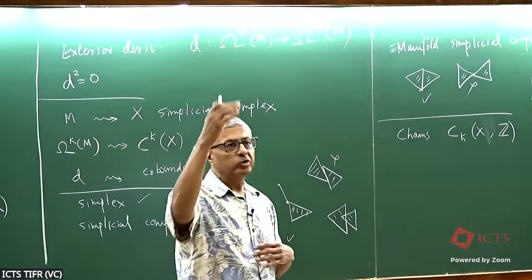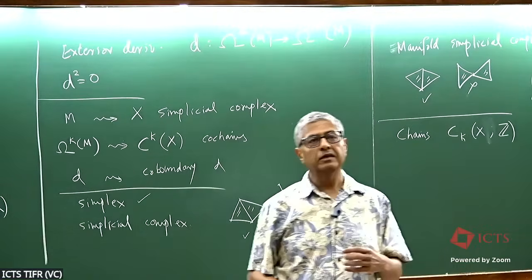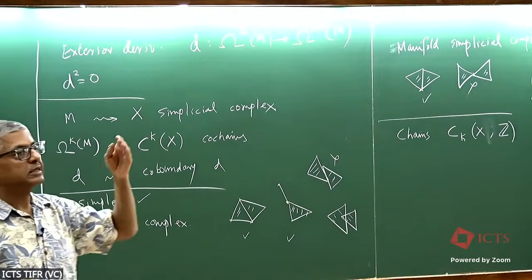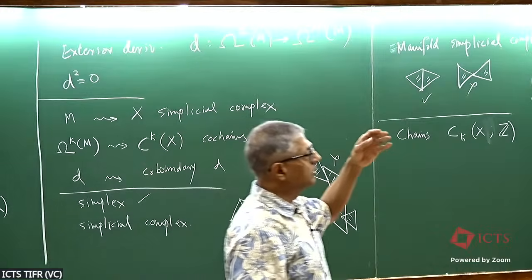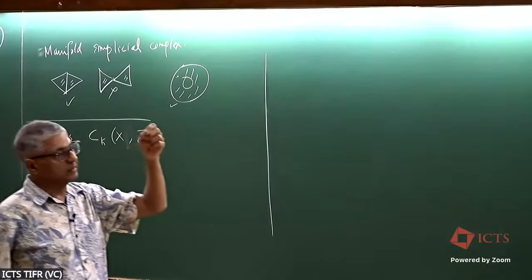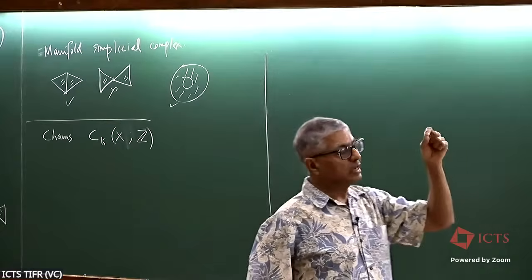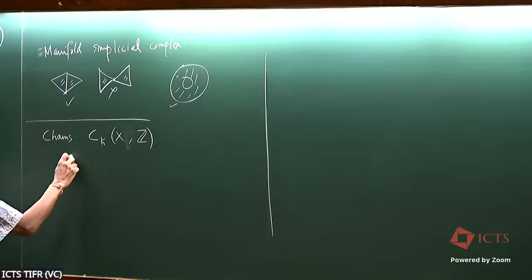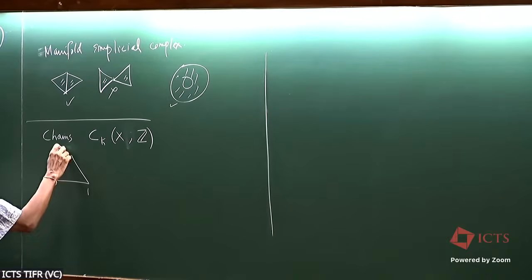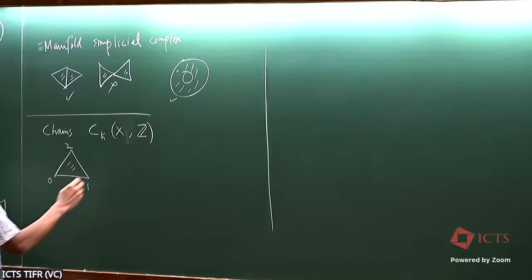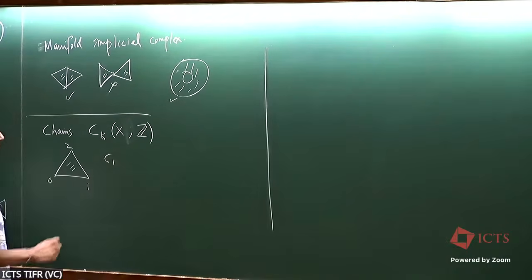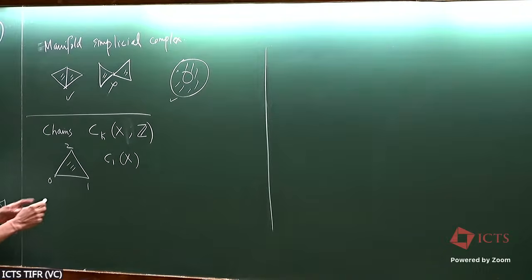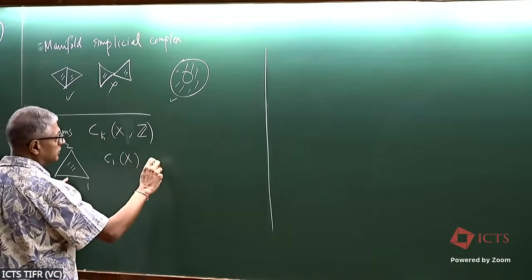So on a computer, you can represent a k chain as a vector with either integer entries or real entries, and the entries correspond to each k simplex. So for example, you may have this triangle, and you have vertex 0, 1, and 2, and you could define an integer valued one chain, which is a linear combination.